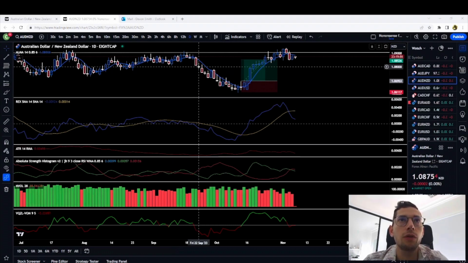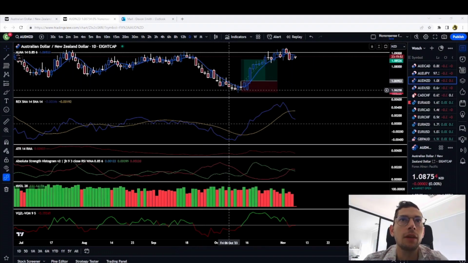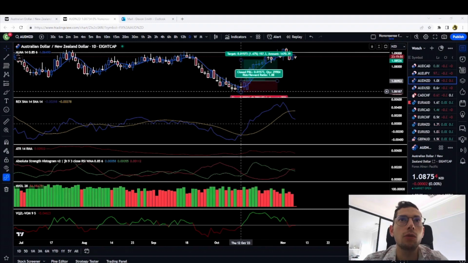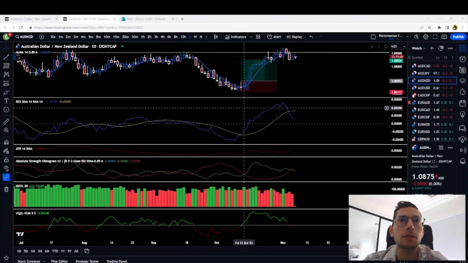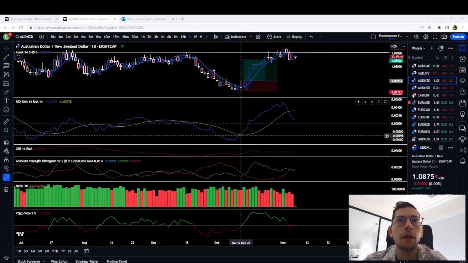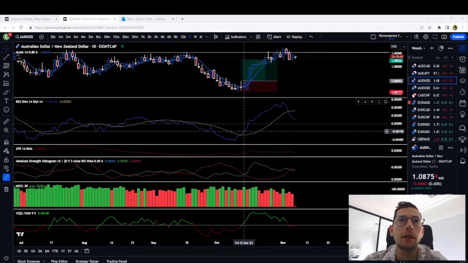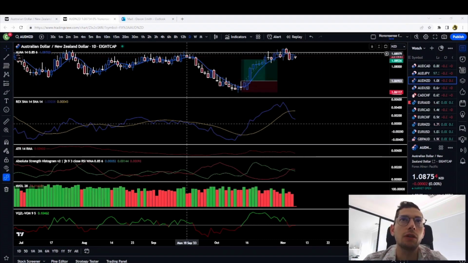Then you would have ridden that all the way down, and then you would have had your exit indicator here. That's where your Rex stepped in and crossed over the blue, and you could have exited that short. I'll just show you.